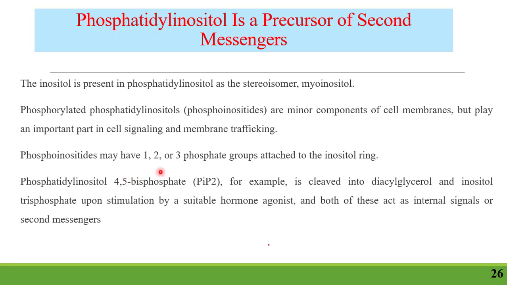Phosphatidylinositol may have 1, 2, or 3 phosphate groups attached to the inositol ring. Phosphatidylinositol 4,5-bisphosphate or PIP2, for example, is cleaved into diacylglycerol and inositol 1,4,5-trisphosphate upon stimulation by a suitable hormone agonist, and both diacylglycerol and IP3 act as an internal signal or second messenger for some types of hormone, which you will learn about in the hormone session.